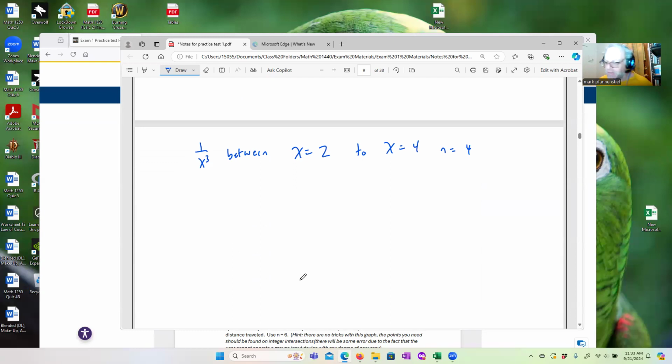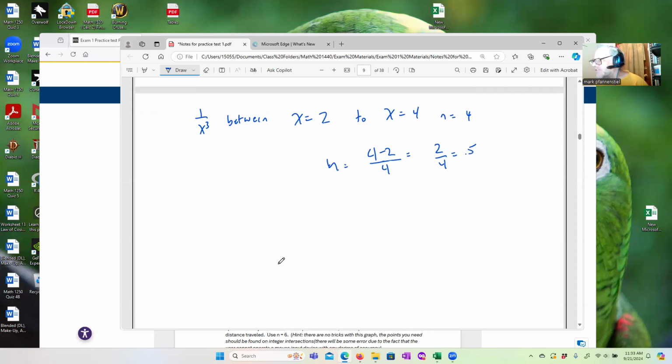I think I wrote down the formula for this thing, but one of the things I would like to do is figure out, okay, what's my h? That's going to be 4 minus 2 over n, which is 4. So my h is going to be 2 over 4, which is equal to 0.5.